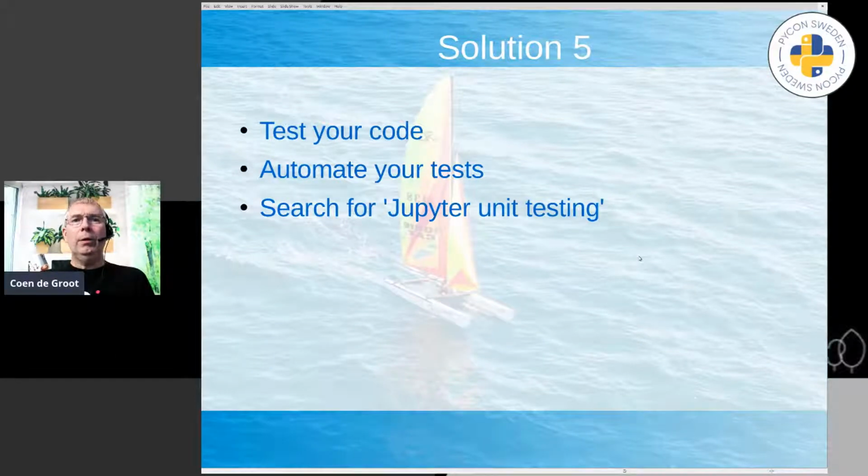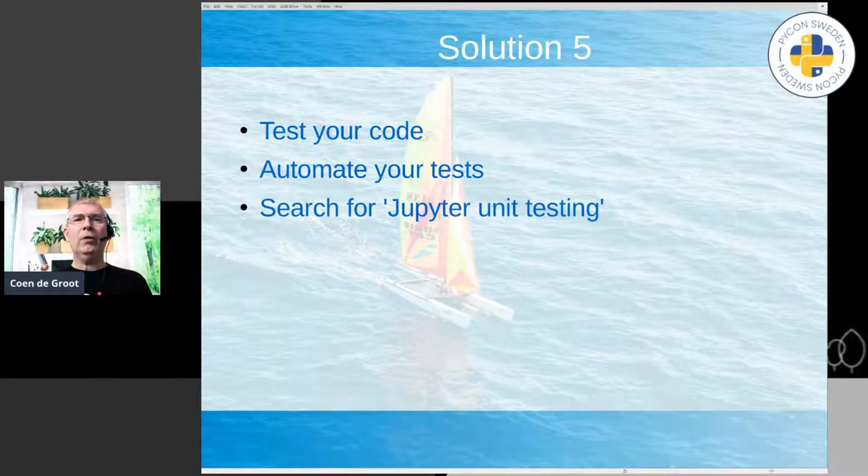Then the next solution, particularly to make your code less brittle, to make you less concerned about breaking your code, is to test your code. So you can automate. There's ways of writing tests that run automatically.